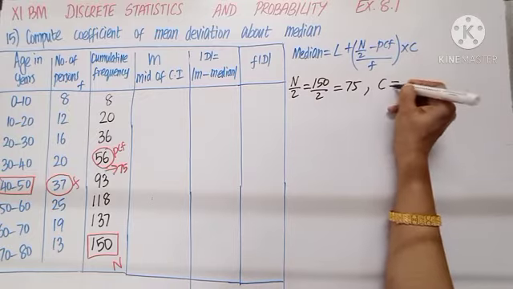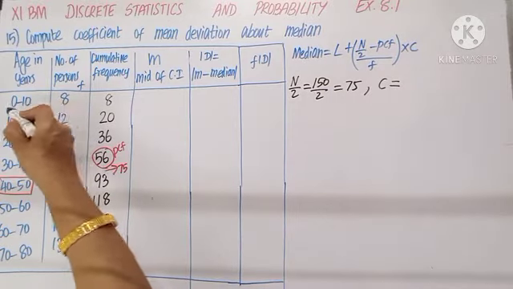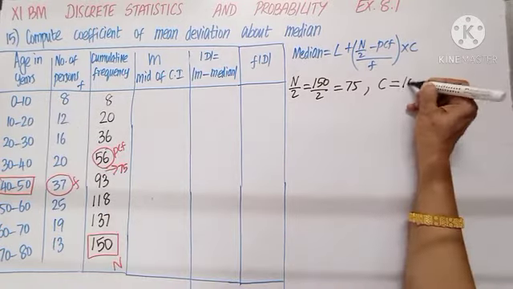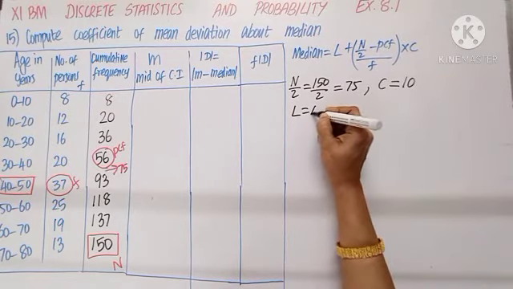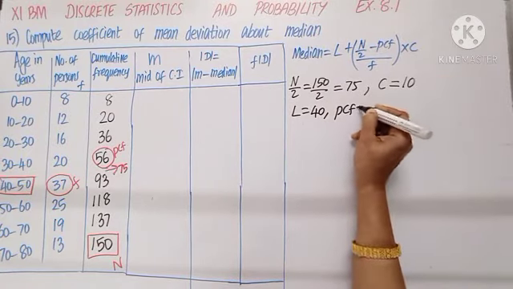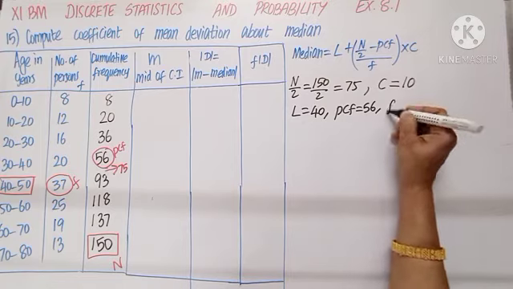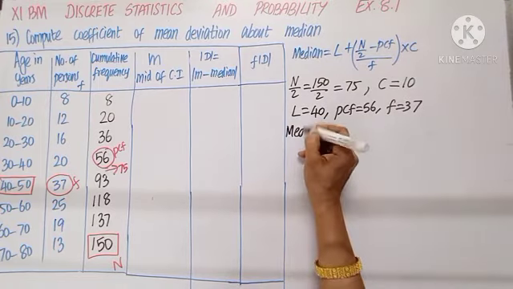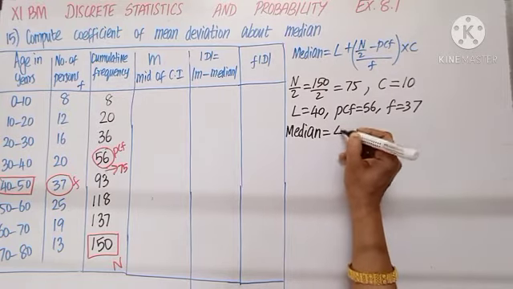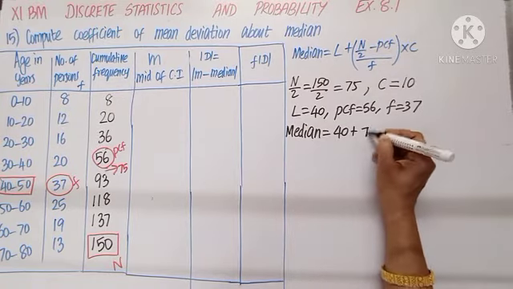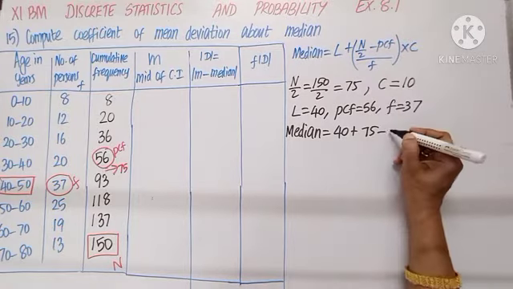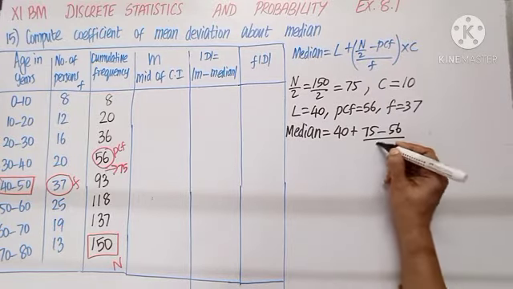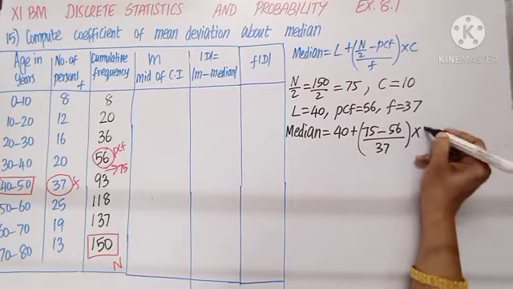Here the length of class interval 0 to 10 is 10. L is 40. PCF we get 56. F we get 37. As I substitute, median equals 40 plus (75, the n by 2 value, minus 56) divided by F into 10.